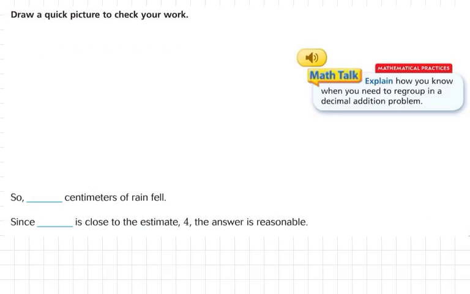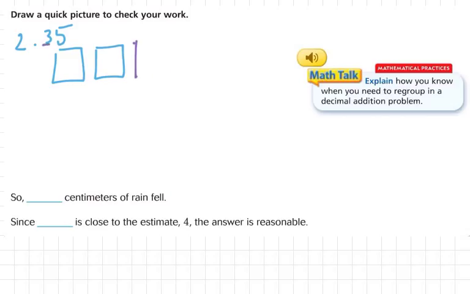So now it says draw a quick drawing to make sure that your answer makes sense. So you'll see here, I'm going to draw the first, which was 2 and 35 hundredths, as 2 ones, 3 tenths, and 5 hundredths. Actually, I think I want to make sure that those are a different color so they pop a little bit more.